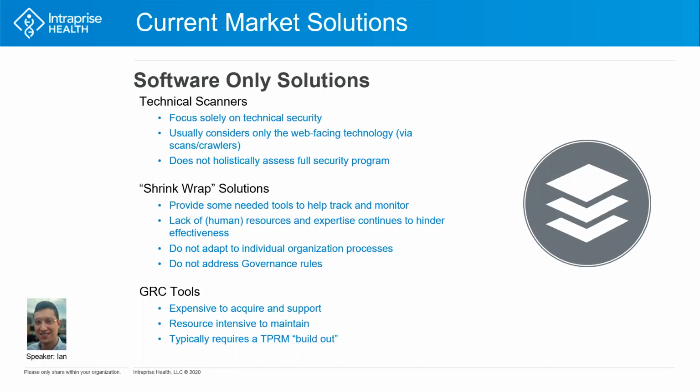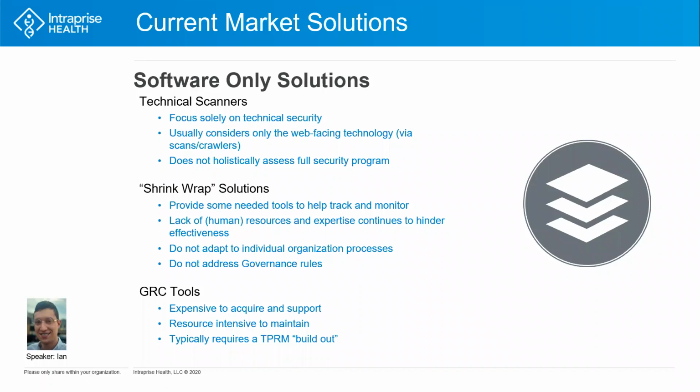So the product generally doesn't come along with a service-oriented model that also provides expertise directly to serve a third-party risk management process. And in a lot of instances, they're very limited in their ability to adapt to one's organizational processes and don't necessarily address governance rules and challenges specific to one's organization.